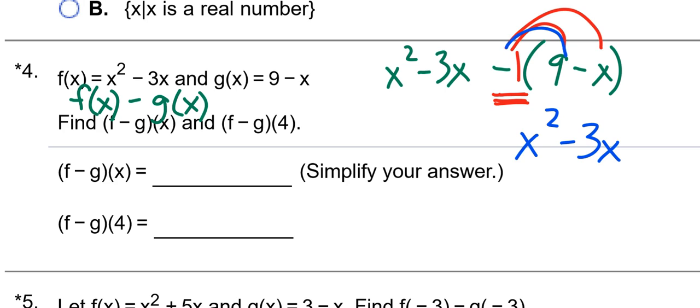Is negative 9 a like term to either one of those? No, so I'm going to put it in its own column over here. Then I distribute the negative 1 to the negative x. What do you get?